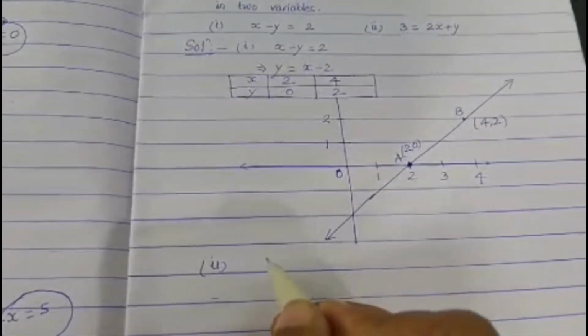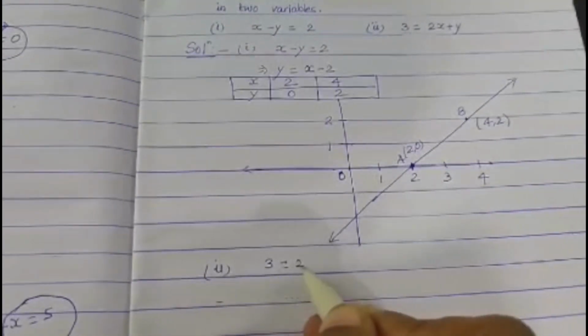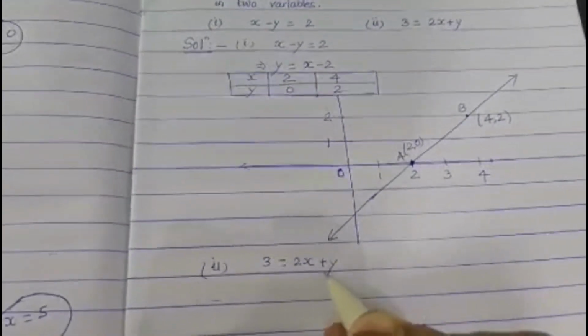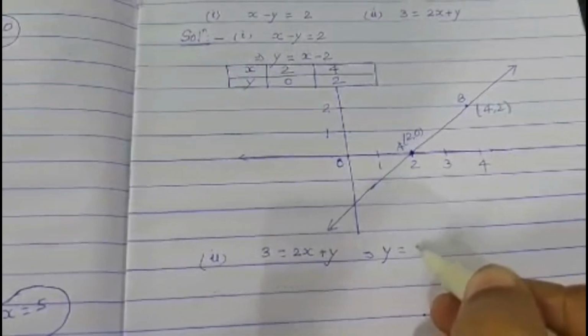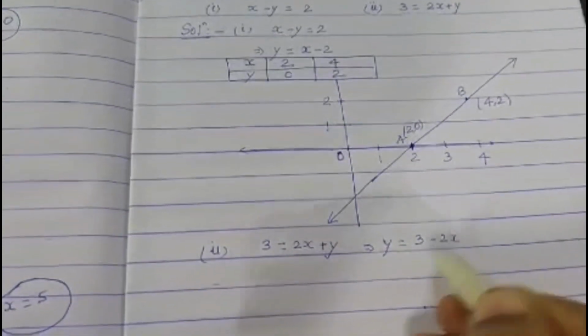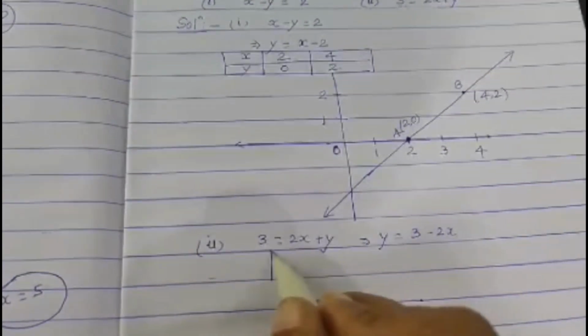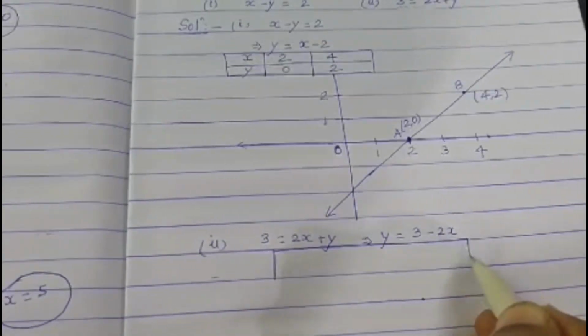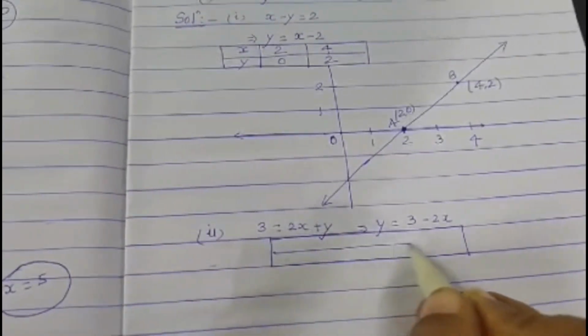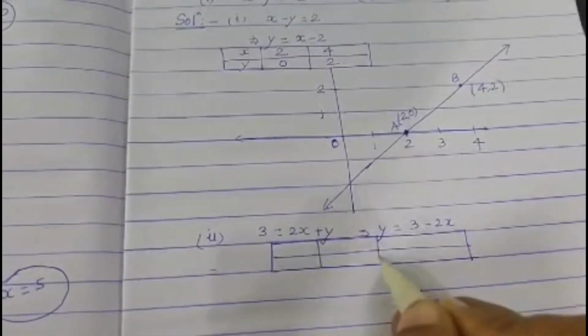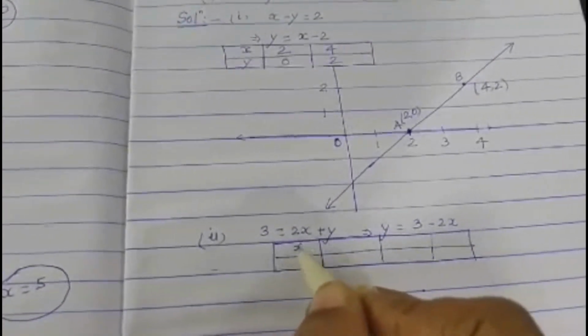The equation is 3 is equal to 2x plus y. Okay, this implies y is equal to 3 minus 2x. Now we will draw the table, x and y.